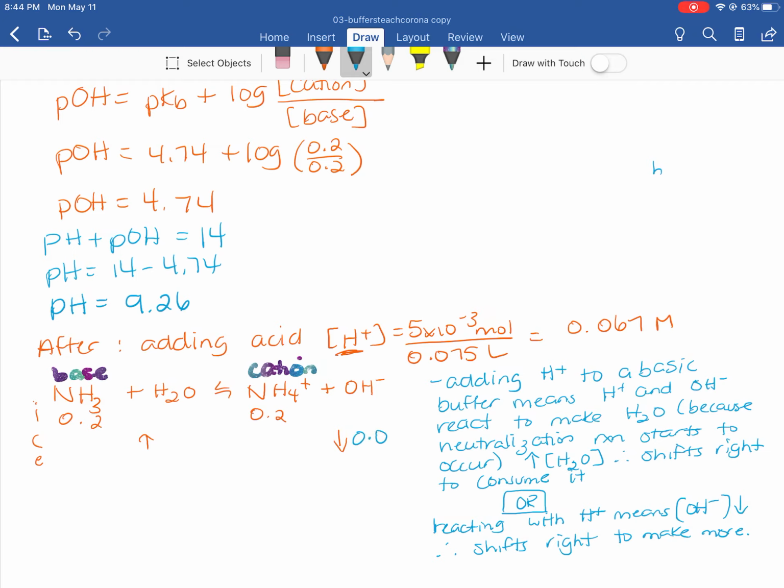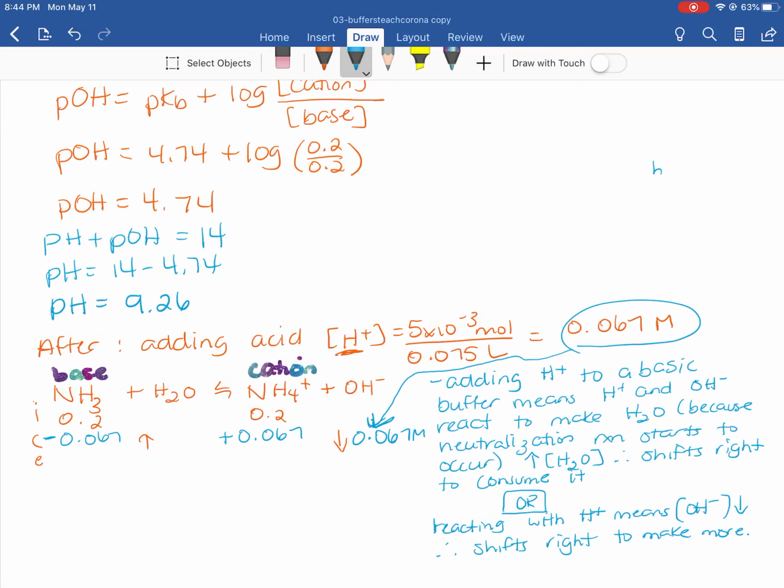Okay, and again, how much does it shift right? Oh, we know how much we need to consume. So again, this value is our change value. How much does it need to change by? So now this time, the reactants are going down because maybe you're going to think of it like you increase the water, so it shifts right, or because a product is decreasing, then it shifts right to make more.